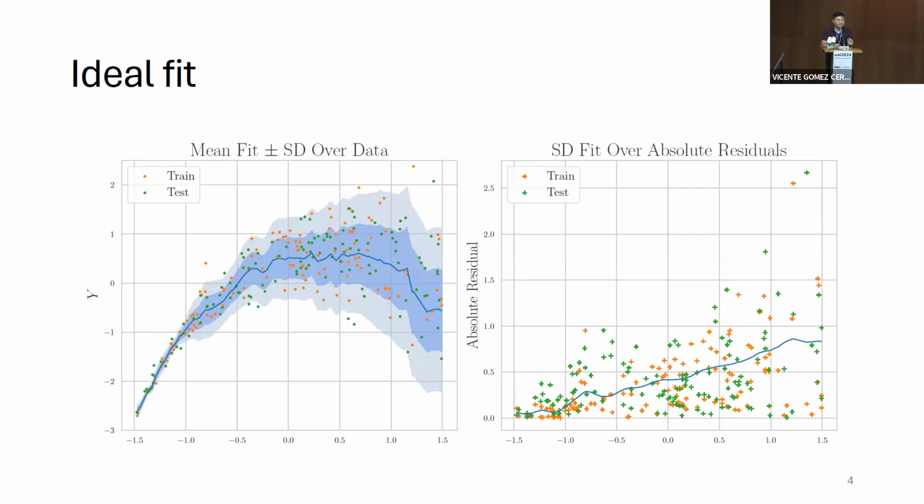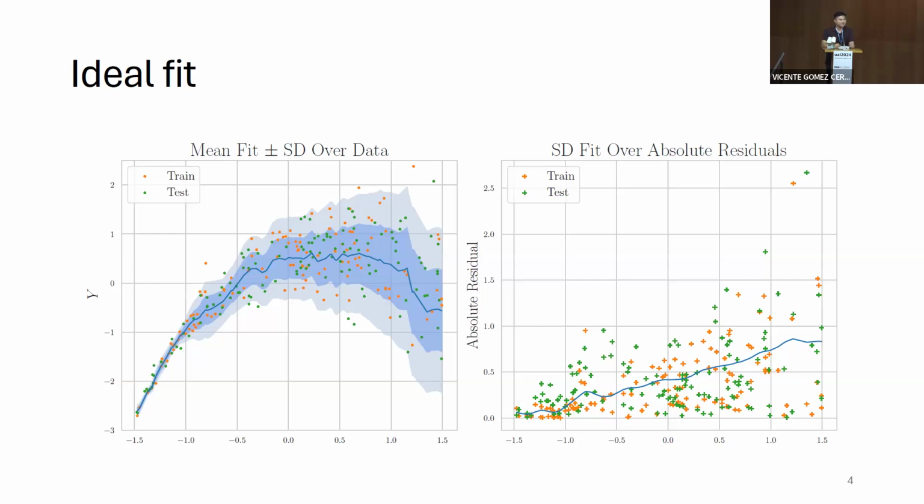We can see that the mean doesn't overfit and the standard deviations roughly adapt to the data. Even more explicitly, on the right side, we can see how the standard deviation is fitted through the absolute residuals. It's reflecting the fanning nature of the data as it increases. Also note that here we've split the data into a train and test set in orange and green, and it looks like it's doing about as well on both of them.